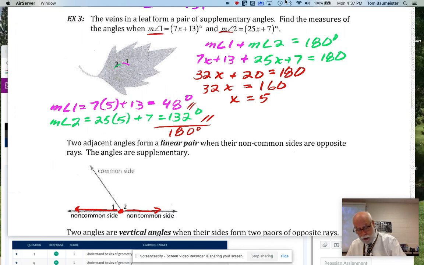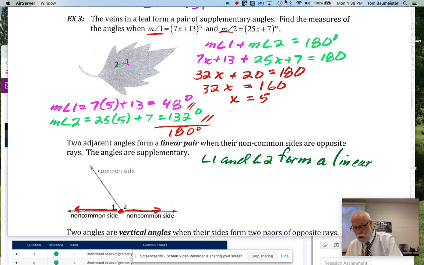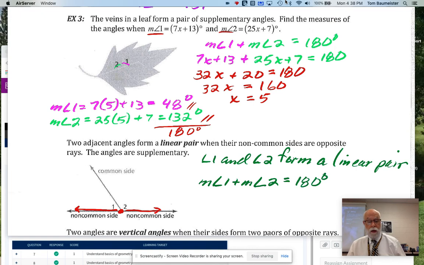So we can say, in words, angle 1 and angle 2 form a linear pair. And what that means then is that the measure of angle 1 plus the measure of angle 2 is equal to 180 degrees. So that just tells us that they are supplementary.